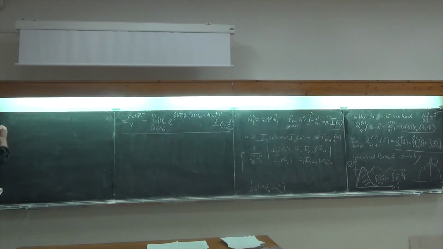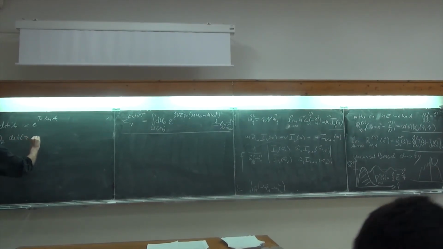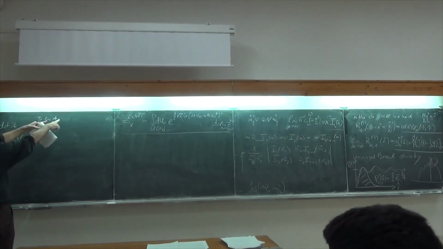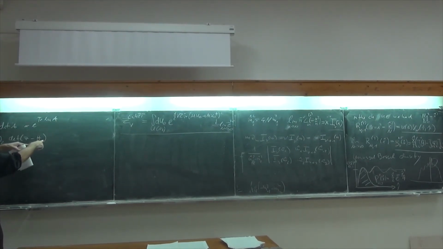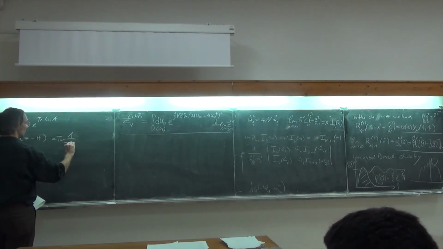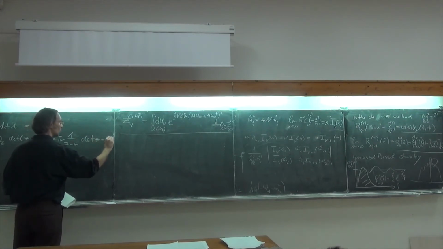So the first identity is the following. If you take the derivative of the determinant of z minus h, what will you get? The log gives a 1 over, so you get a trace of 1 over z minus h, and then you still get the determinant of z minus h.